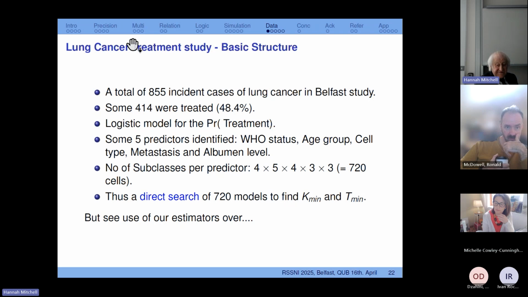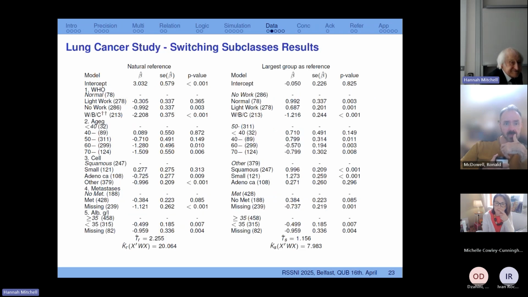Okay, but see our estimators over. Right, here we go. We're going to use the natural reference subclasses first in the logistic model. We've got to fit a logistic model where the researchers picked the reference subclasses for each categorical factor that they thought was most appropriate for their interpretation of the data.